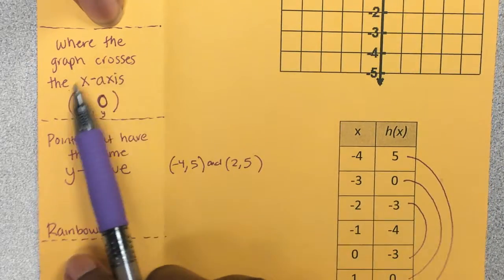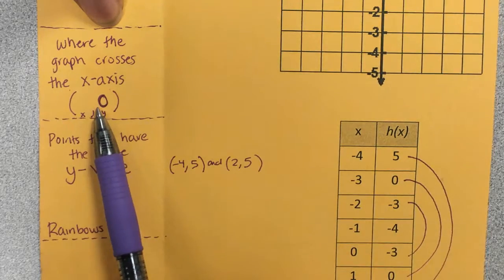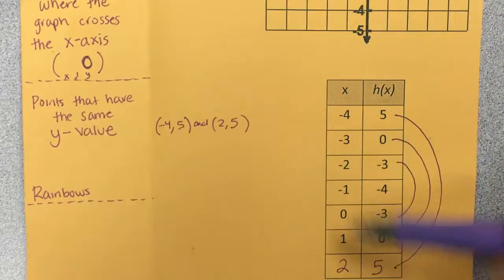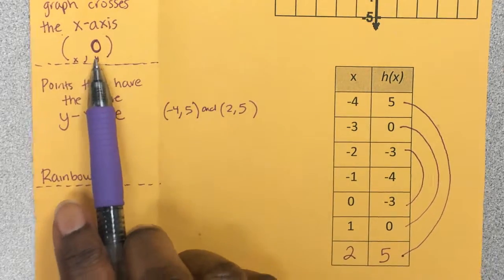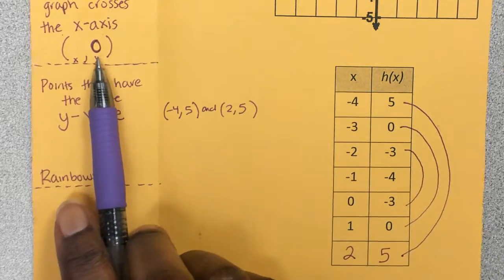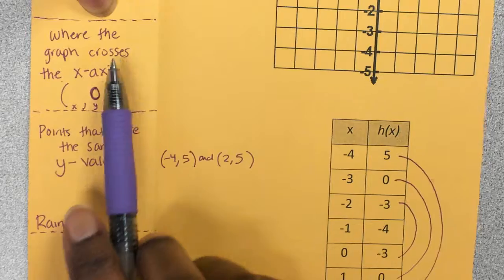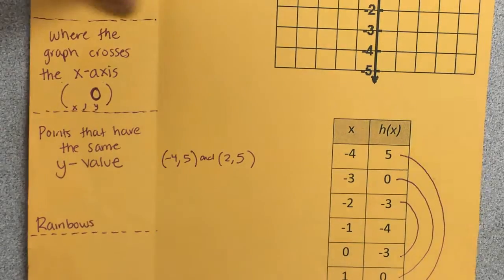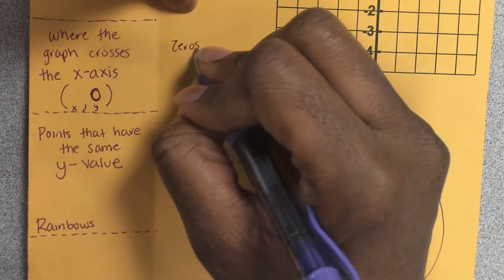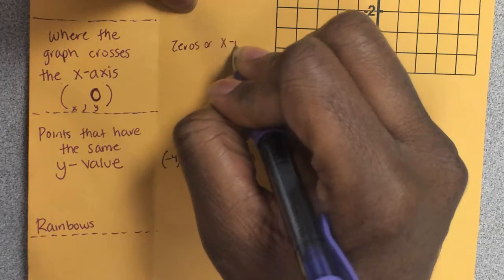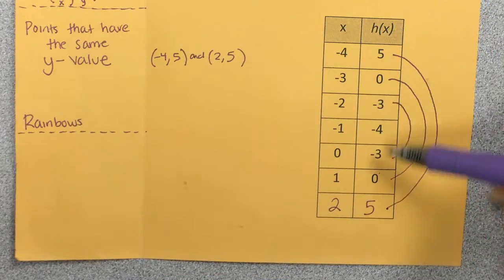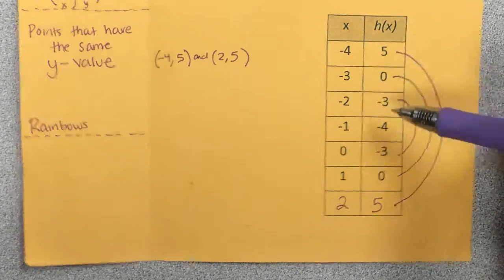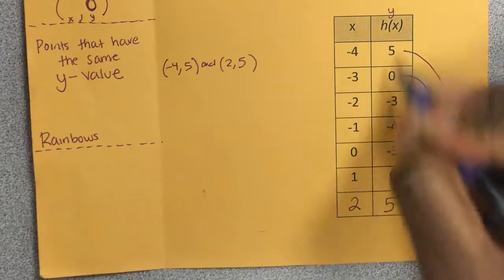Now, where the graph crosses the x-axis, can you really tell from the table? Yes, you should be able to. Remember, this right here is what you're looking for in the table. Where do you see a y value of 0? That's going to be an x-intercept. Zeros or x-intercepts, same thing. Oh, look, there's 2 zeros in this table, where the y value equals 0.